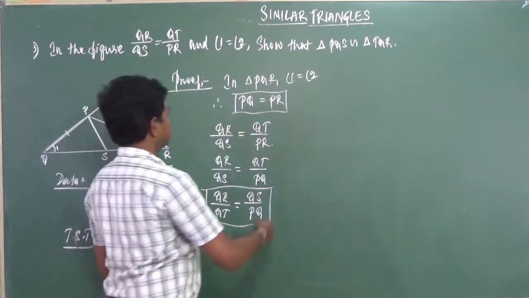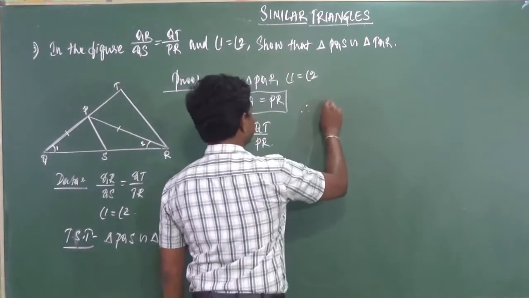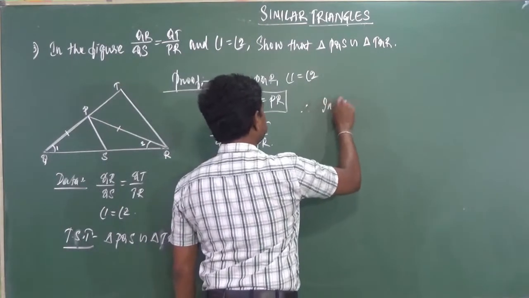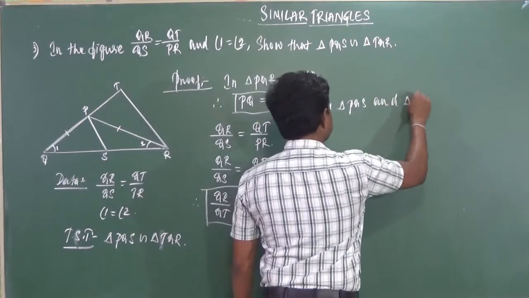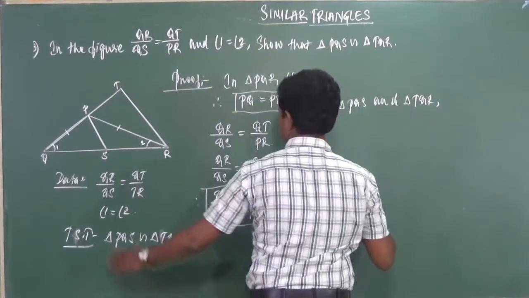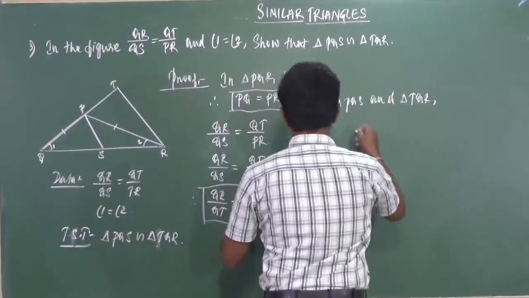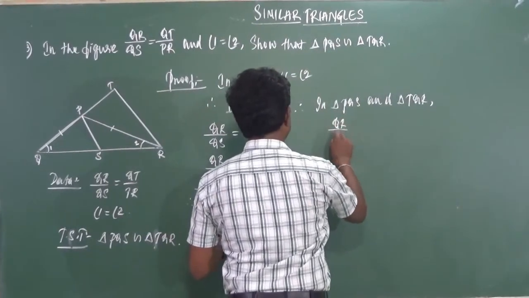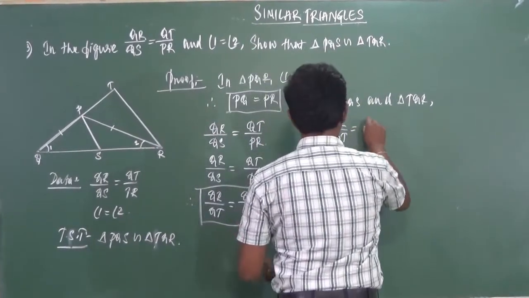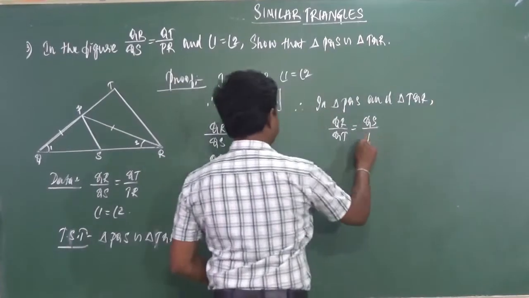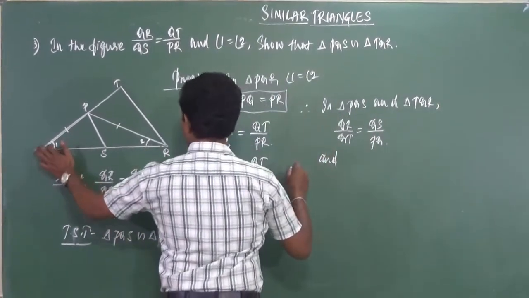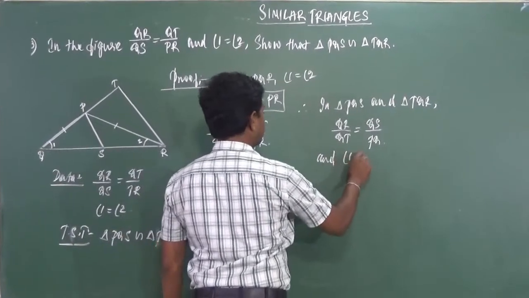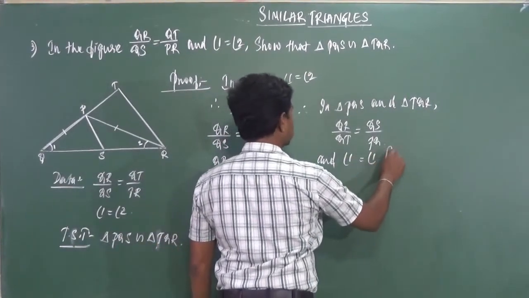So we will take the proportionality now. In triangle PQS and triangle PQR, we have proved this, we will take this. QR by QT is equal to QS by PQ, and angle 1 is equal to angle 1, that is the common angle.